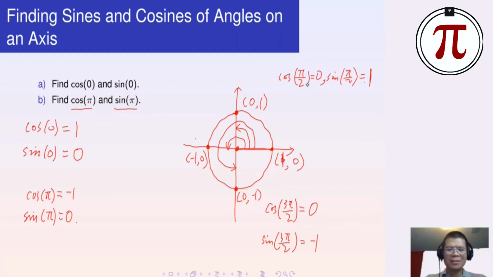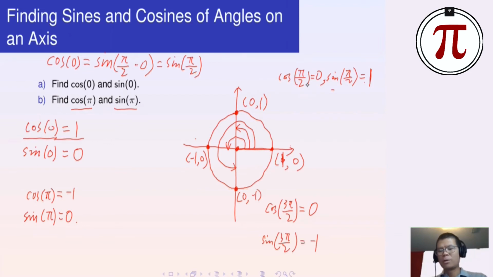Firstly is the co-function identity, right? So cosine 0 equals, by the co-function identity, sine pi over 2. We see that cosine 0 is 1, and sine pi over 2 is 1.